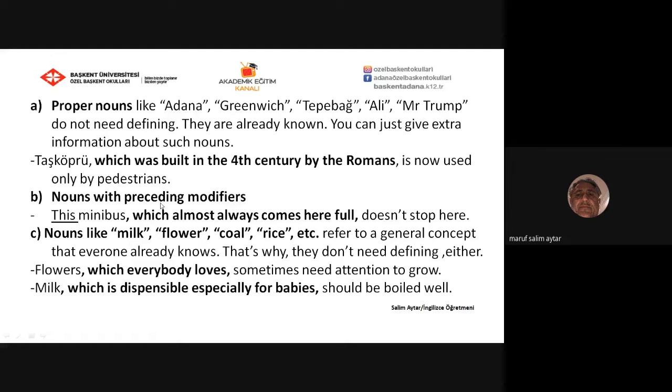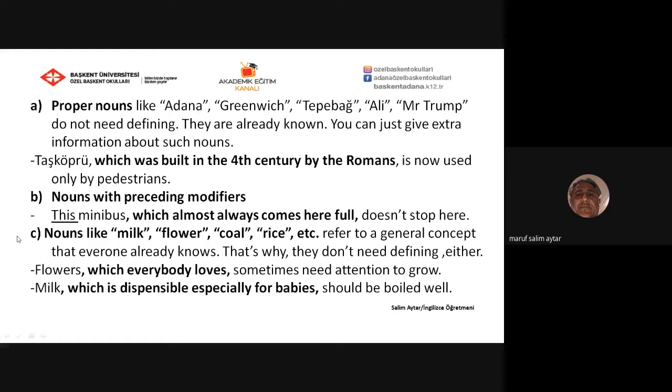Actually, you don't define them, they are already defined. For example, this minibus, which almost always comes here full, doesn't stop here. This information should be put into commas because it gives extra information.